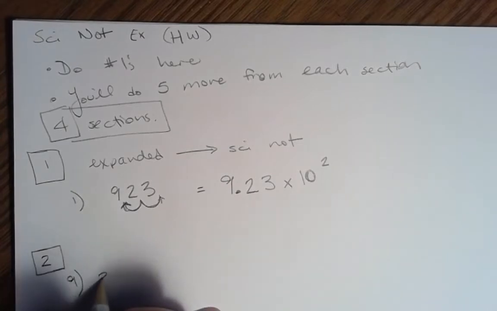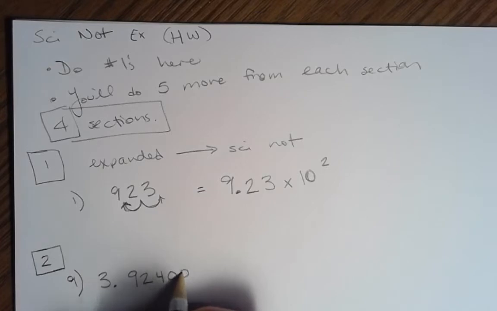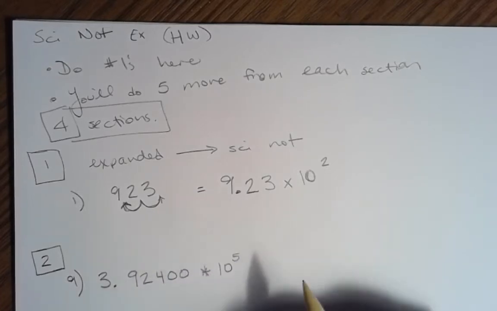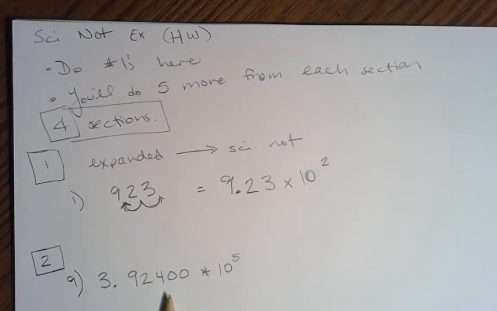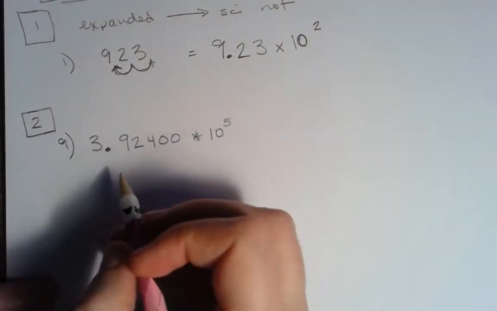They give you 3.9240 times 10 to the 5th. You might notice those are ending zeros after a decimal. Those are significant zeros. Interesting. Okay, just keep that in mind.